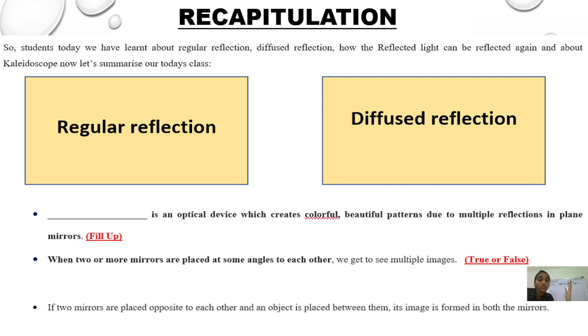So we are able to see multiple images forming, because the light is reflecting back from one mirror to another mirror, and then to the next mirror also, right? So in this way we have seen that reflected light can reflect back again.